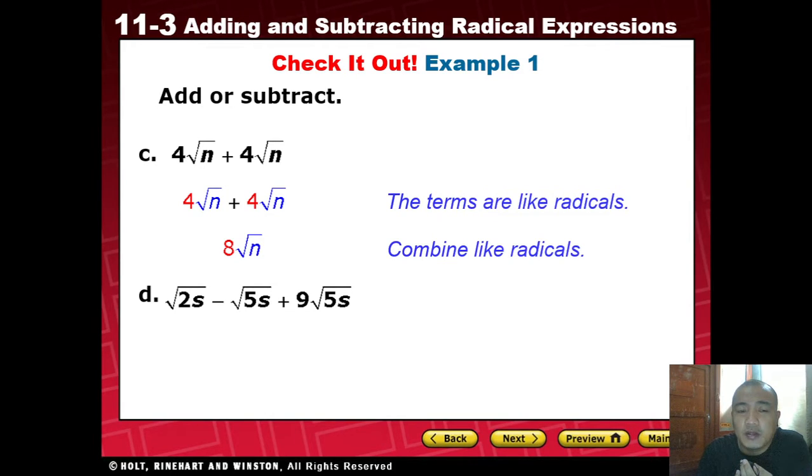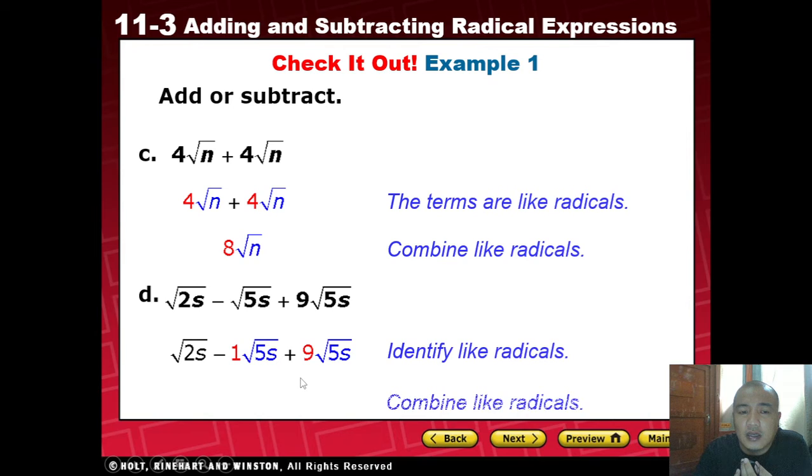Square root of 2s minus square root of 5s plus 9 square root of 5s. Only two terms can be added here. They are like radicals. So this is the only one we add: negative 1 plus 9 is 8.